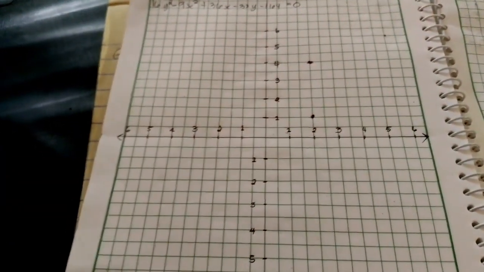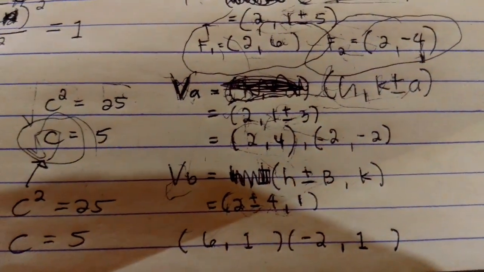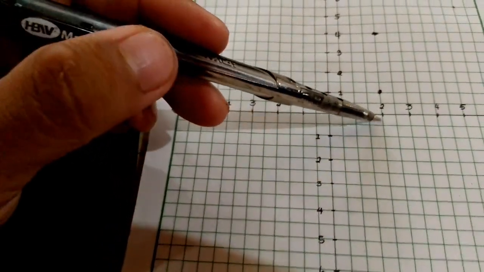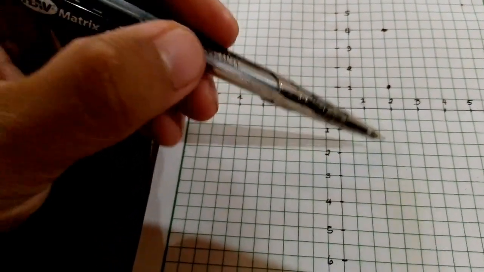The other coordinate of vertex A is (2, negative 2). So back here, 2, 1, 2, then negative 2.